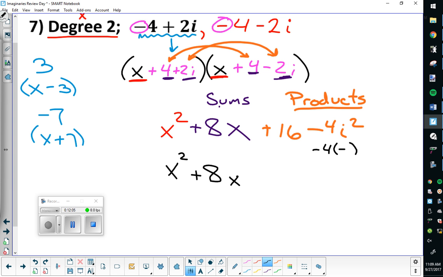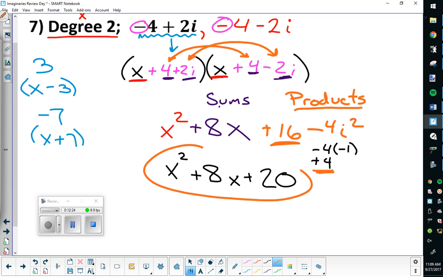Negative 1. And she knows that if it's negative 4 times negative 1, that really means plus 4. So what number is going to go after that 8x then? Plus what? 20, because it is 16 plus 4 together. There's my trinomial. That is what I get when I multiply them together.